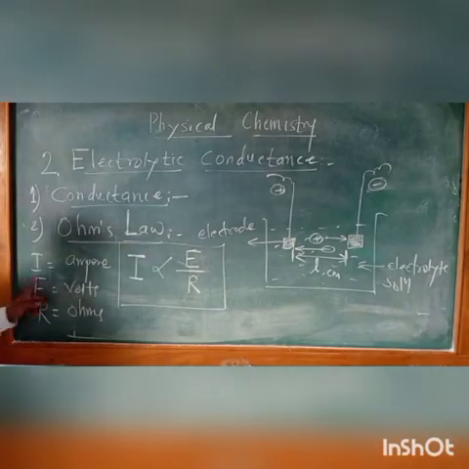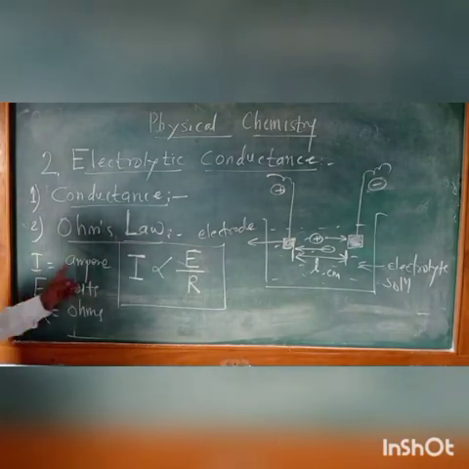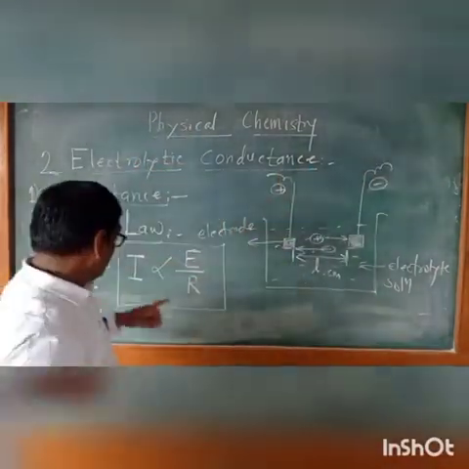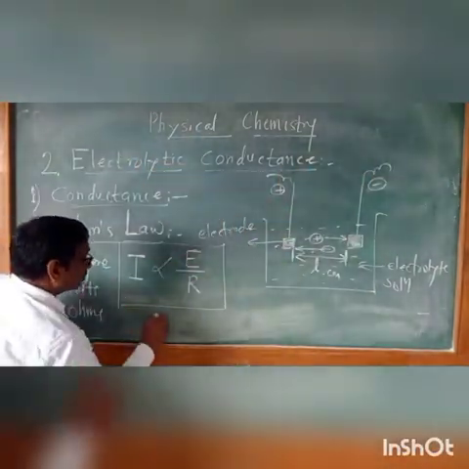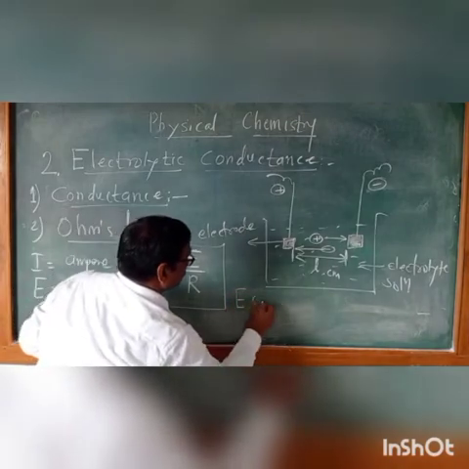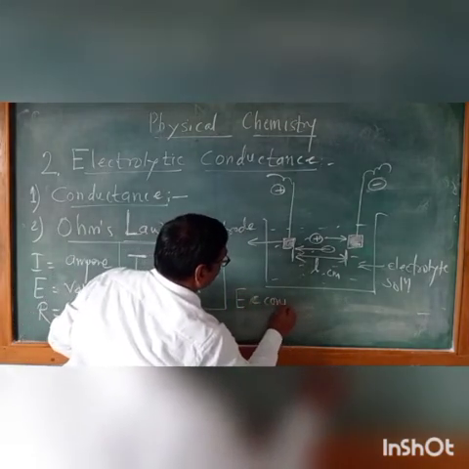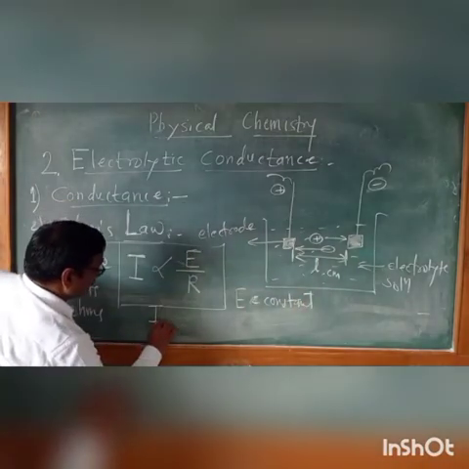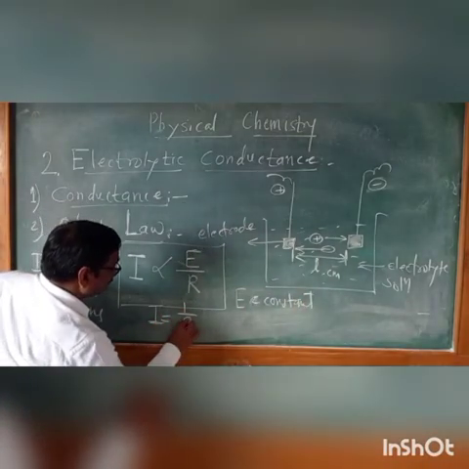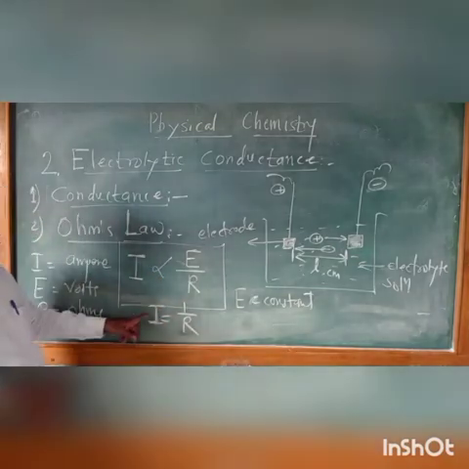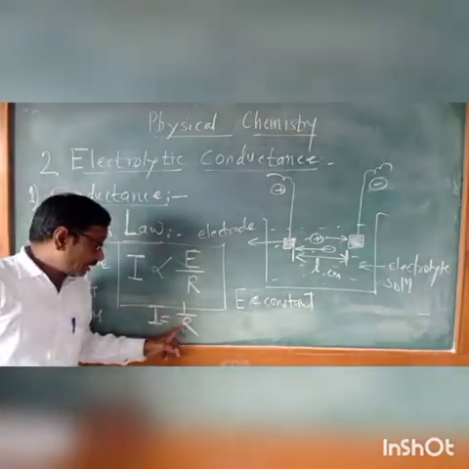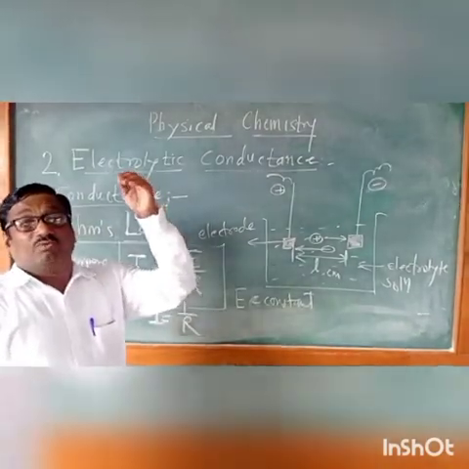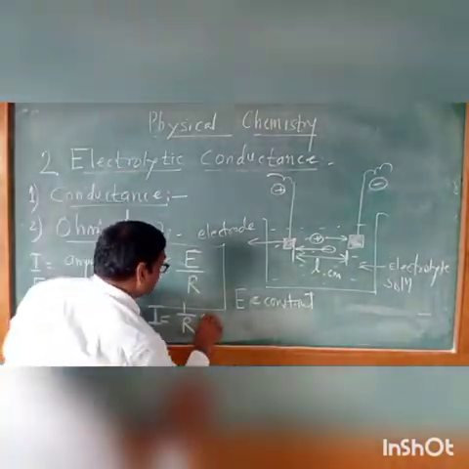If the potential E is a constant, then I is equal to 1 upon R. And this R is the resistance, and 1 upon R is called the conductance.